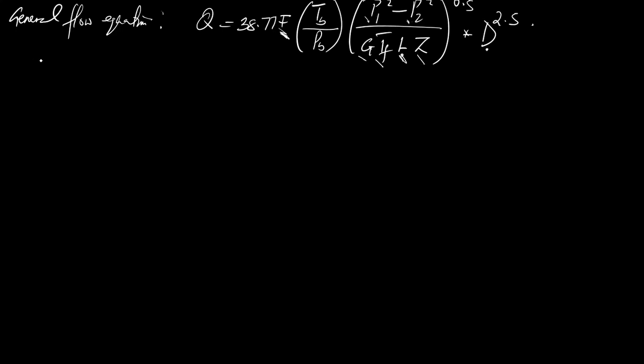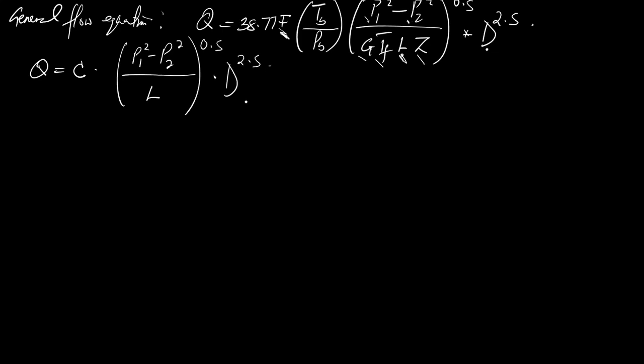So that means the flow rate will just be the same as saying C times bracket open P1 square minus P2 square divided by L all raised to power 0.5 times D raised to power 2.5. So invariably, this C now will be the constant.